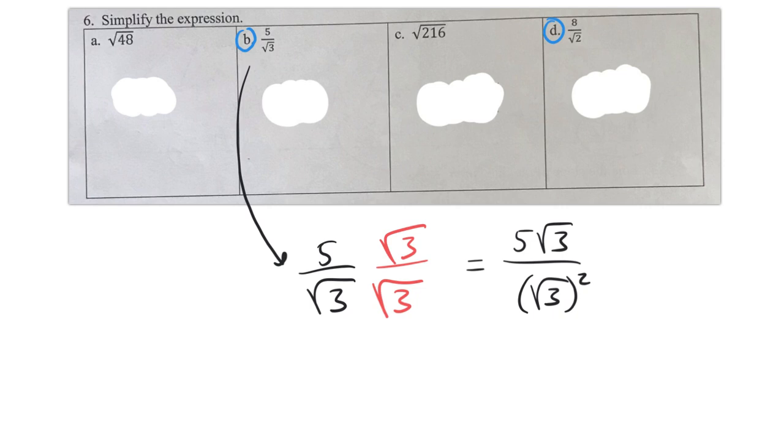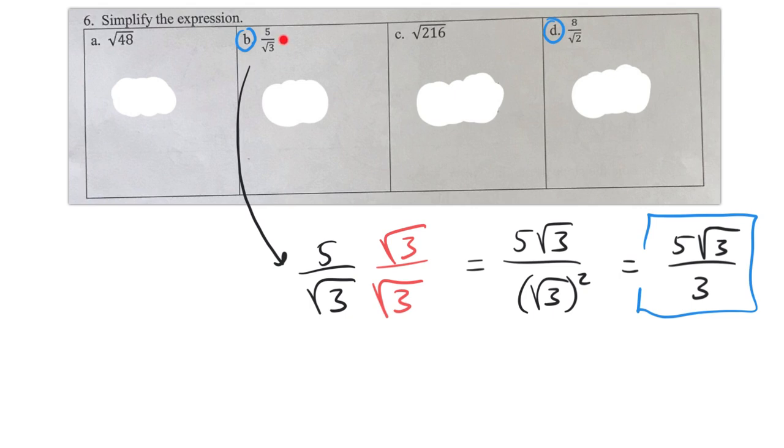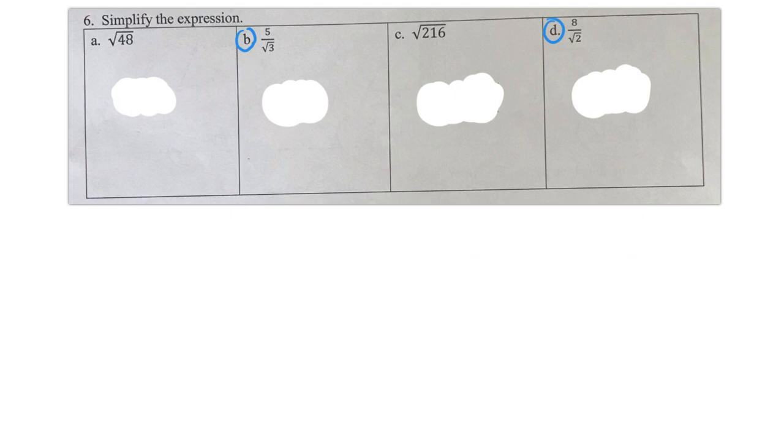And as I already said before, the square root of 3 squared is just going to be 3. Okay? Now it's simplified because we rewrote the original situation, only now there is no longer a radical symbol in the denominator. Okay, so that's how you do that one.